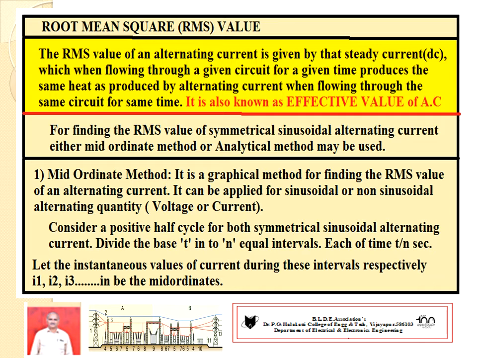Divide the time base T seconds into n equal intervals. Each interval has a time of T by n seconds. Let the instantaneous values of current during these intervals be I1, I2, I3, the mid-ordinates for the respective intervals.